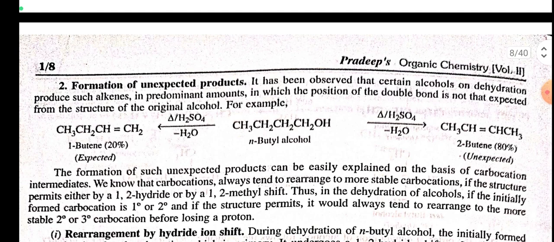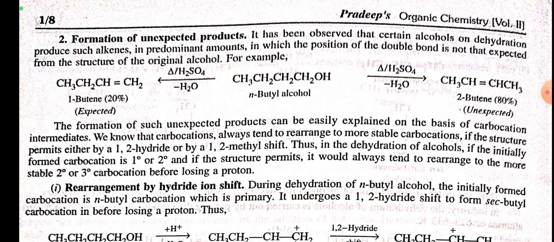Formation of unexpected products. It has been observed that certain alcohols on dehydration produce such alkenes in predominant amount in which the position of double bond is not that expected from the structure of the original alcohol. The formation of such unexpected products can be easily explained on the basis of carbocation intermediates.